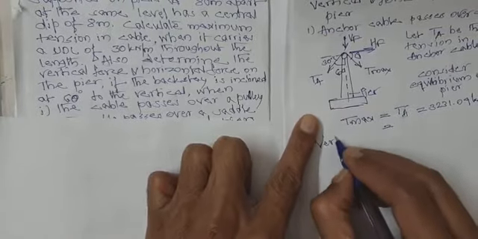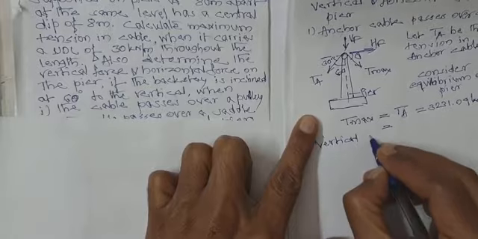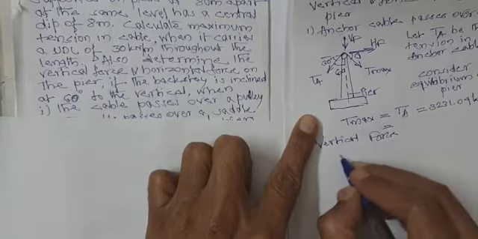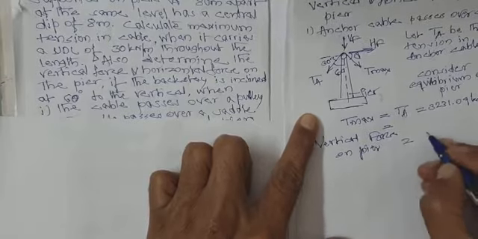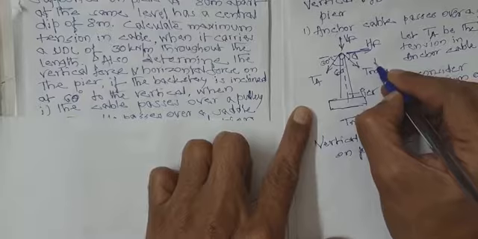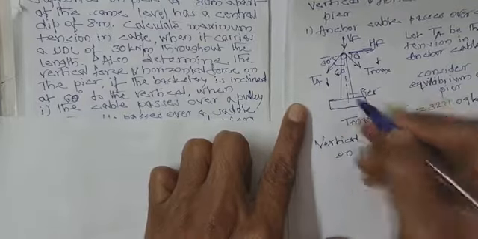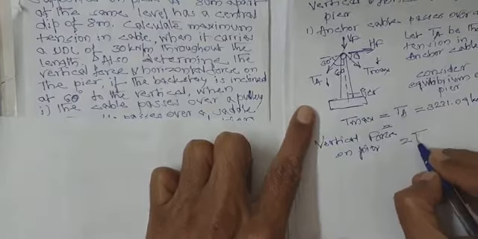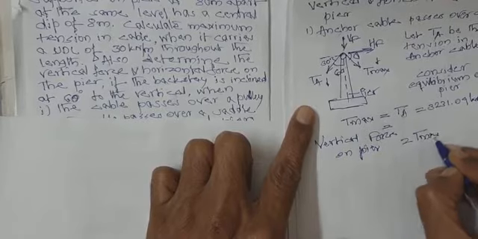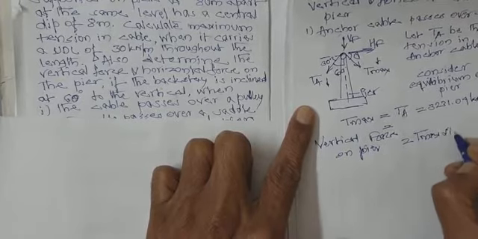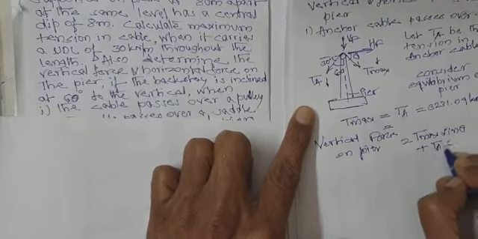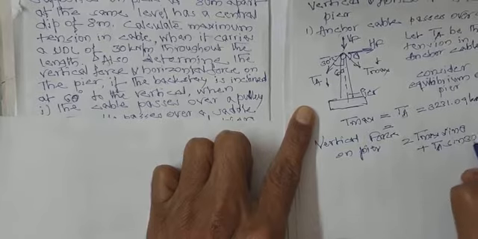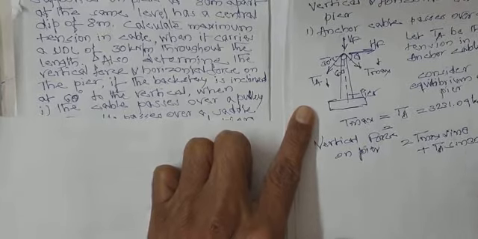So once you know this and this, now what is the vertical force on the pier? Both are acting downward. It is T maximum sin theta plus TA sin 30.